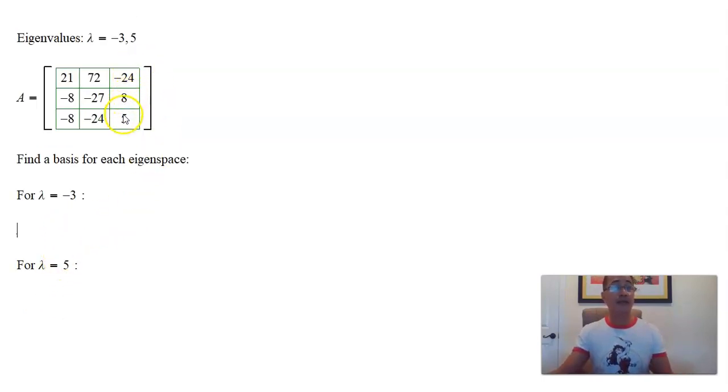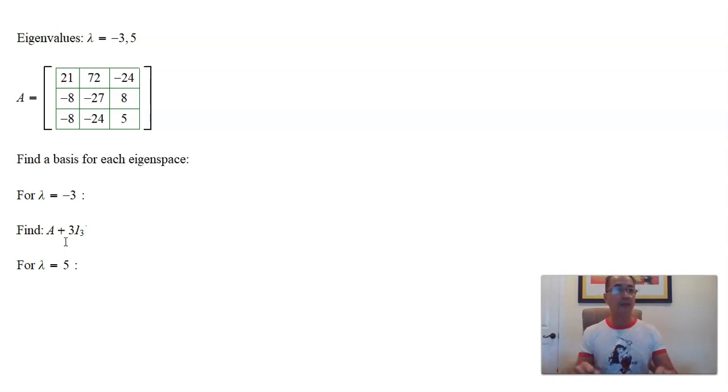Okay, now once we know the eigenvalues, the rest is going to be relatively easy. Right? So we want to find a basis for each eigenspace, one at a time. For lambda equals negative 3, we want to find A plus 3 times the identity.